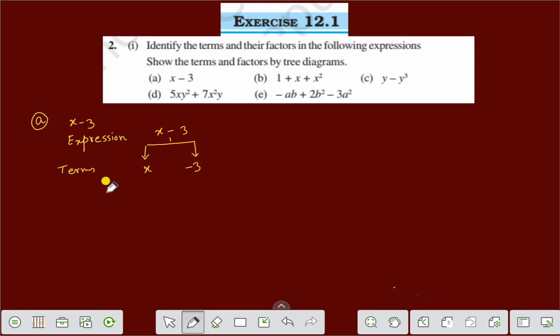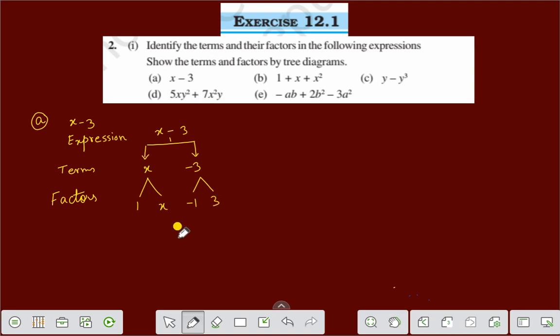And if you write the factors, we'll get these are the various factors: 1 and x, and the factors of minus 3 are minus 1 and 3.